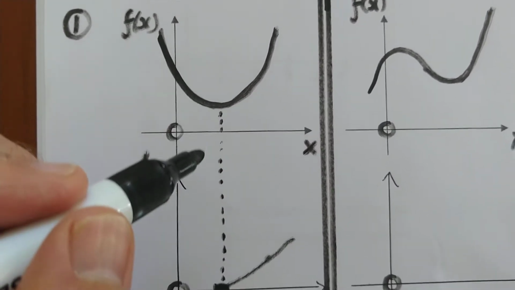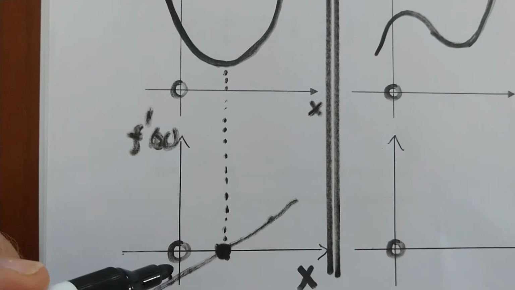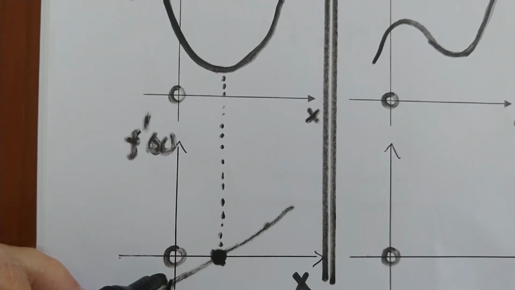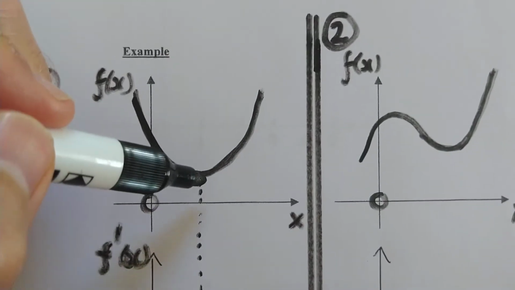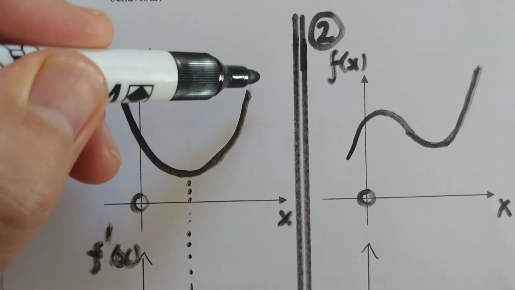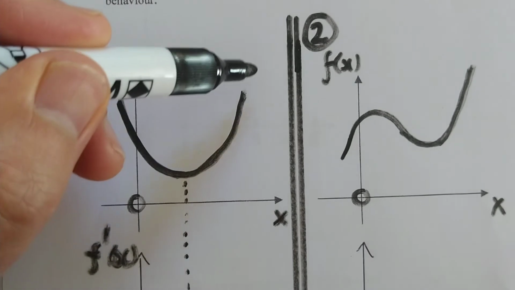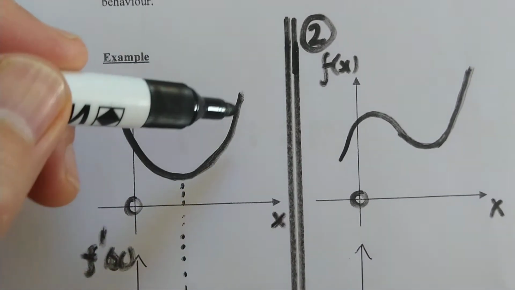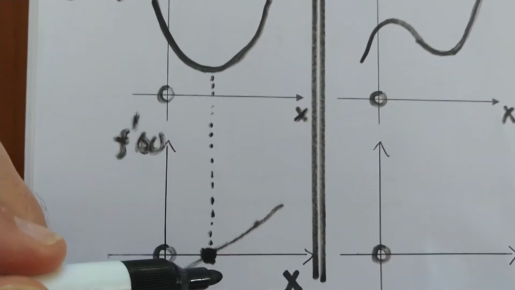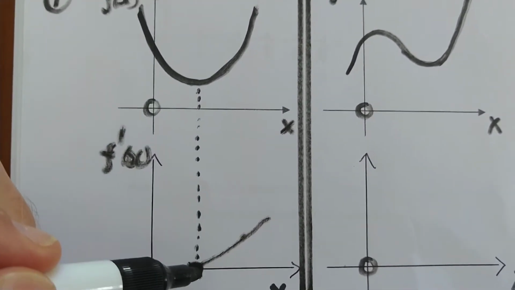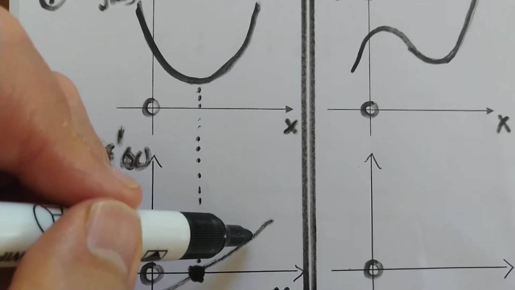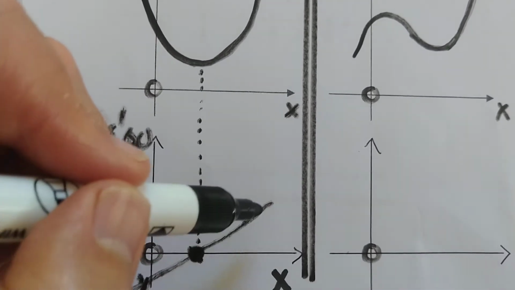So on my graph below, I make my y coordinate negative. So I'll put a little point in here. To the right of my stationary point, the graph is going up all the time, so the gradient is positive. There are different values, but it's always positive. So to the right of here, my y coordinate must be above the x-axis. It must be a positive value. And then draw a line through.